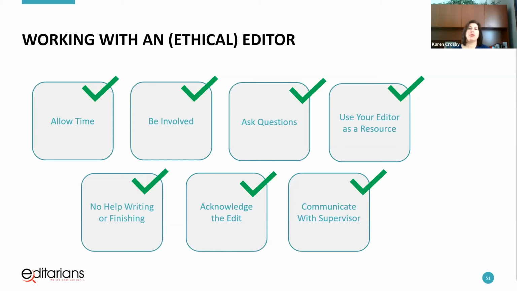Use the opportunity to learn more about your writing strengths and weaknesses. Beware if at any point the editor offers to help you write sections or help you complete the paper. If you have an acknowledgements page, you should acknowledge the editor. And during this process, you should liaise with your supervisor and involve your supervisor according to your supervisor's preferences.